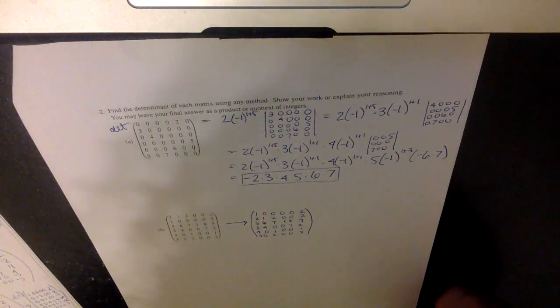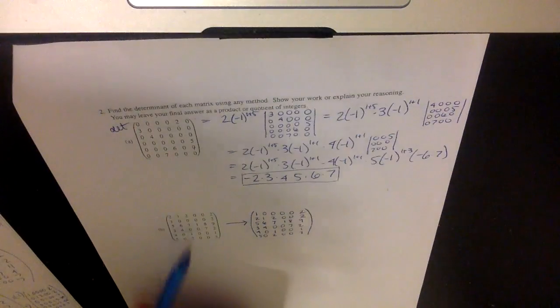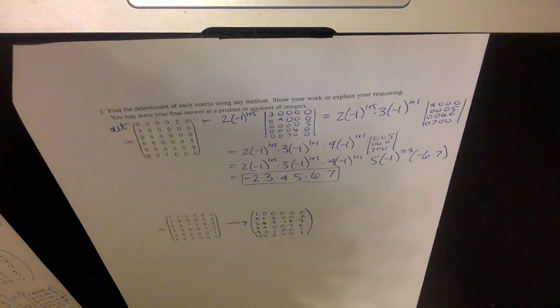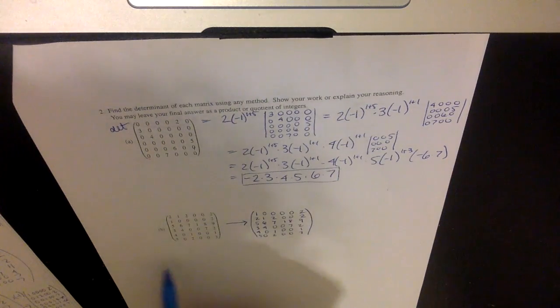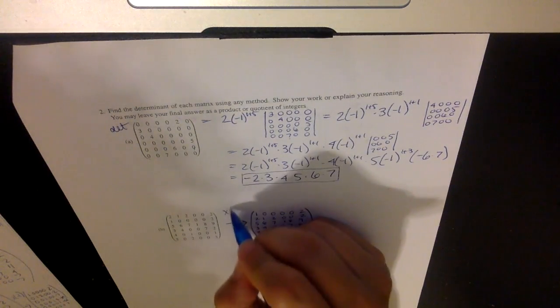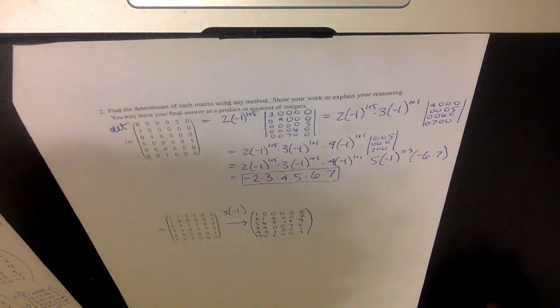Okay, so in swapping those two rows, I changed the determinant of this matrix. This matrix has determinant -1 times the determinant of this matrix. So I multiplied times -1.